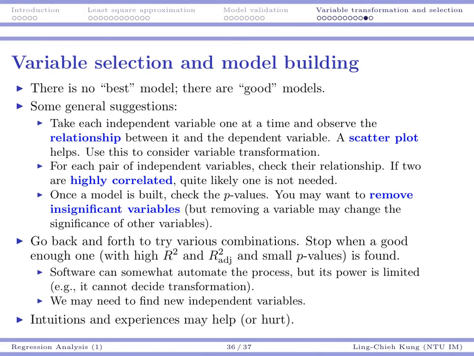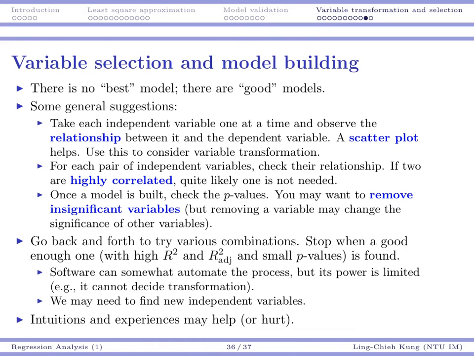Or sometimes if we just cannot find a good one, we may need to think about whether we miss some important independent variables. Okay? So regression is powerful, useful, but it's also hard because you need to do a lot of things. Sometimes intuitions and experiences may help. When you have a lot of variables, your intuition or experience may tell you some are important.